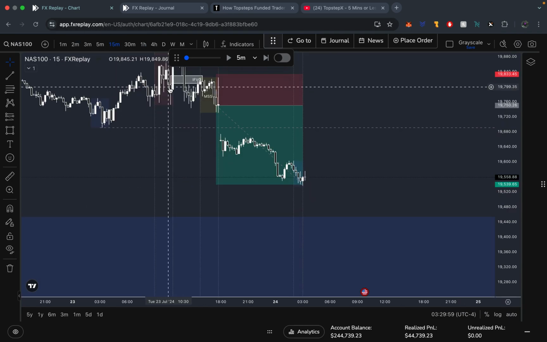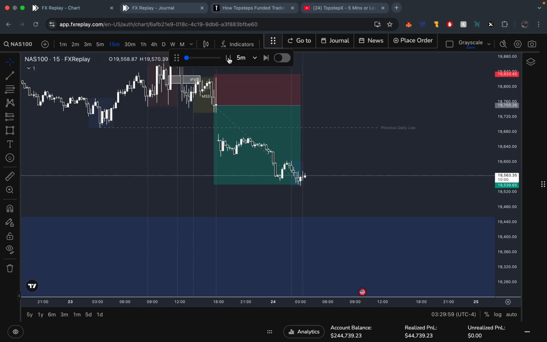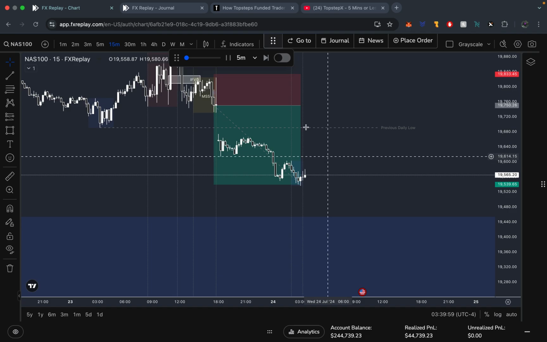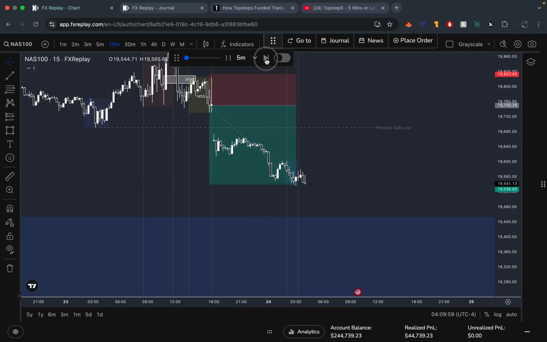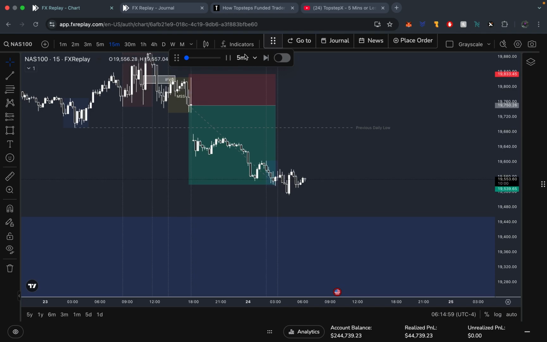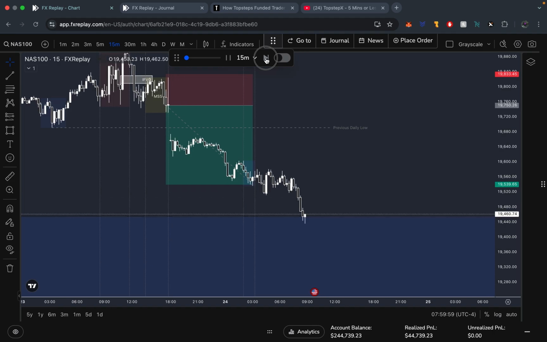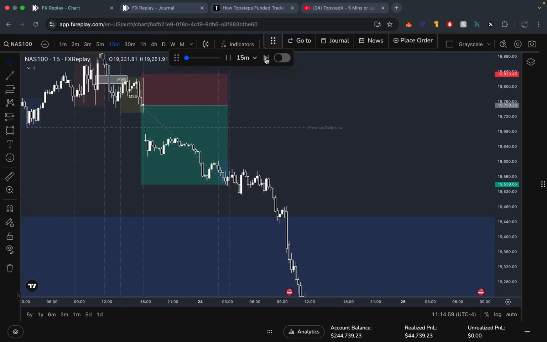So with that in mind, we're going to leave this day out, and then we'll see price come down into that high time frame imbalance there.